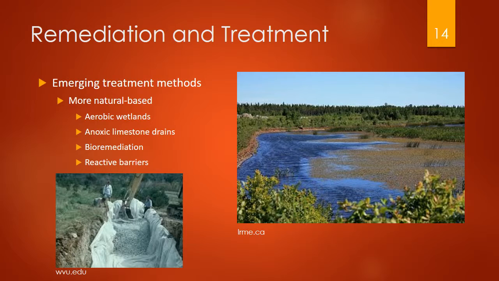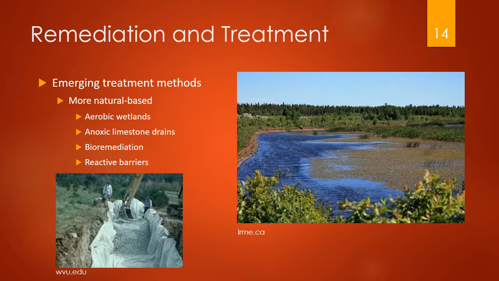So if you can send your mine discharge out into either a natural or a constructed wetland, like the one that we see in this photo, then you end up giving time for dilution, you get settlement of metals, you get all the filtration that happens from the plants and animals that live in that wetland, and it really is a pretty good system, although it requires a lot of space in order to do this.